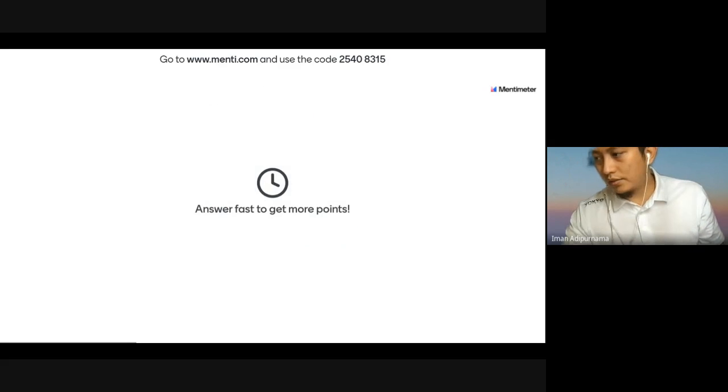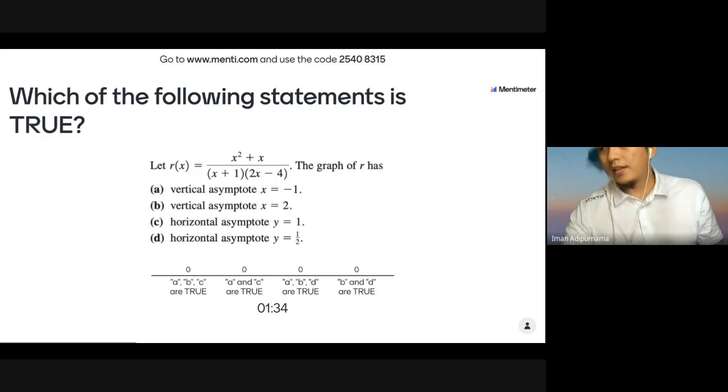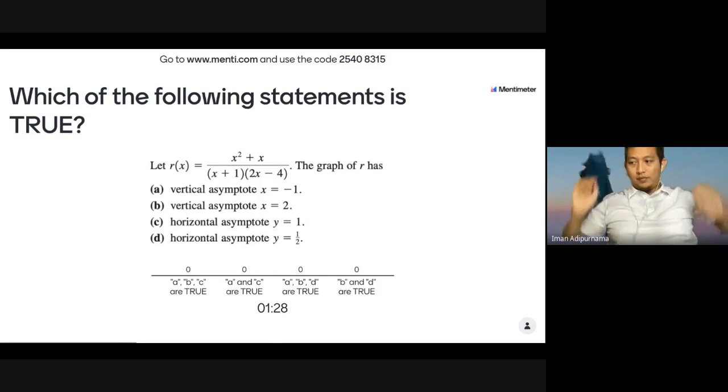Let's start. I hope that's enough. 1 minute, 1 minute and a half. And hopefully the basic math benefits you, especially for calculus.